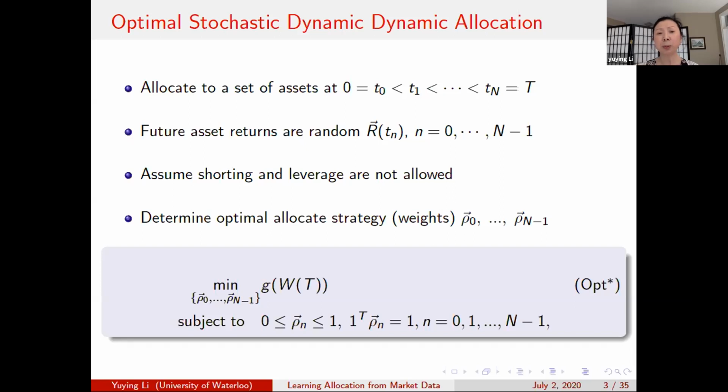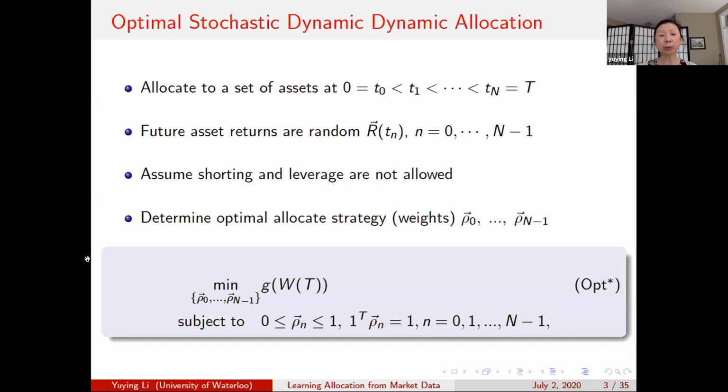In particular, we'll assume that no shorting is allowed, no leverage is allowed. In the formulation, I'm also going to assume that our performance assessment of the strategy is based on the terminal wealth at the end of the allocation time horizon.